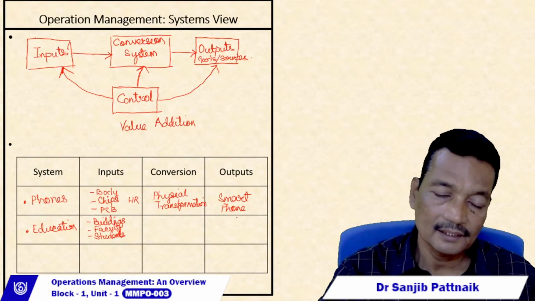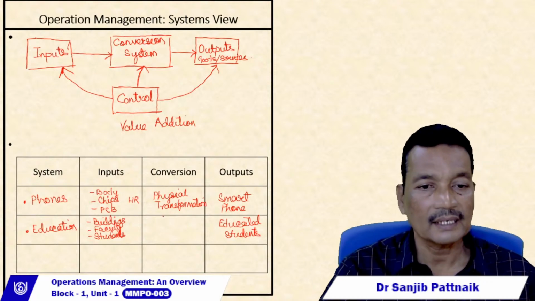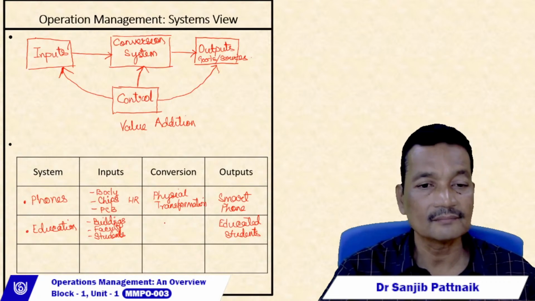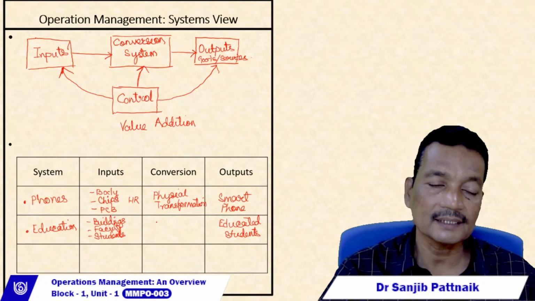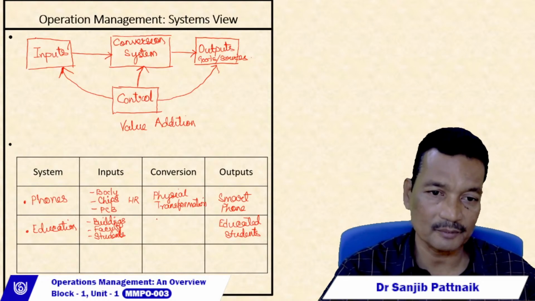We can say educated students. And the conversion process, we can say, is that we are changing the form. That means there is a mental transformation, knowledge transformation.